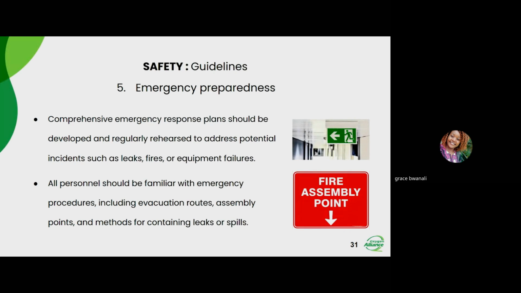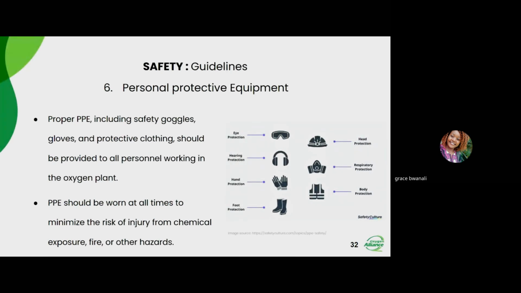The other guideline that I'm going to touch on is personal protective equipment. As engineers or technicians, we know that personal protective equipment is the gear that we use to make sure that we are safe from the surroundings.